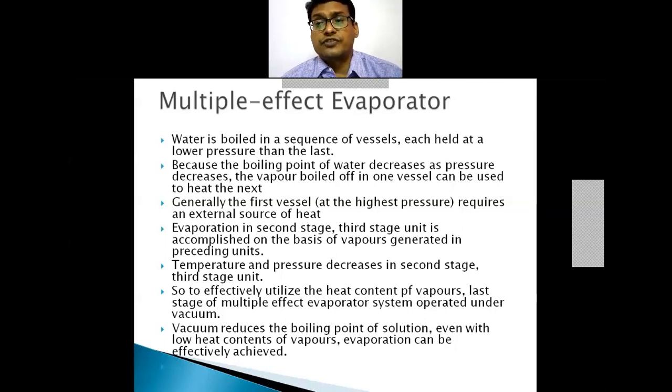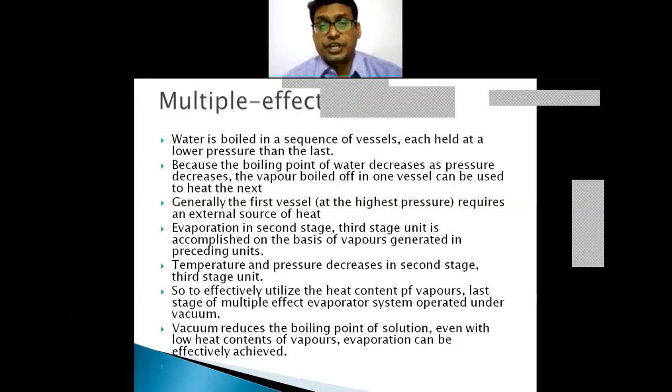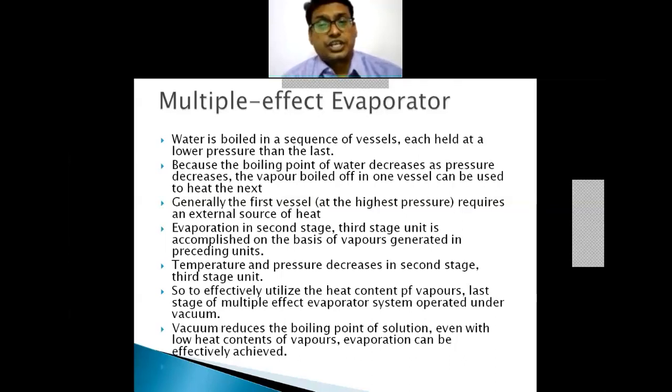Generally, the first vessel requires an external source of heat, from where we transfer heat in the form of vapors generated from the first stage. Vaporization in the second and third stage units is accomplished on the basis of vapor generated in the preceding units.